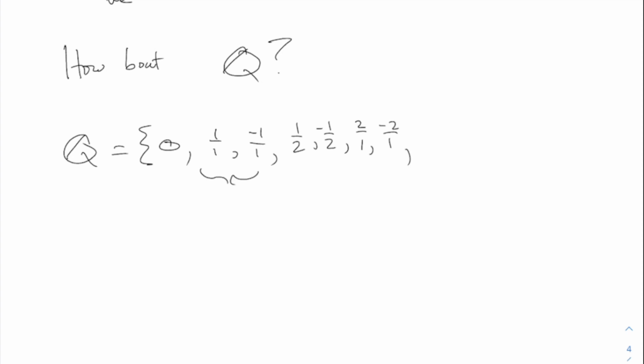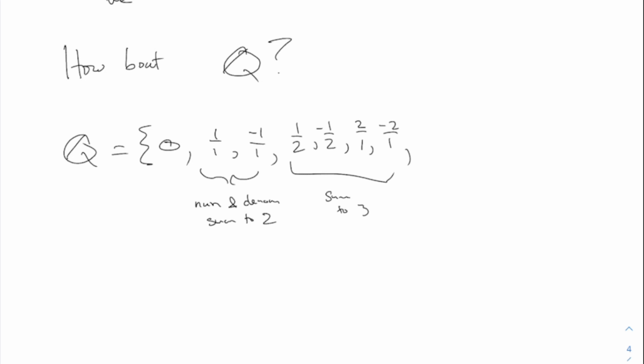I'm writing these in little blocks, and in each block, the numerator and the denominator sum to 2. And then the next block, these ones sum to 3, right? And next I'm going to write all the possible fractions where the numerator and the denominator add up to 4, ignoring the signs. I just take the positive and the negative version of each one.